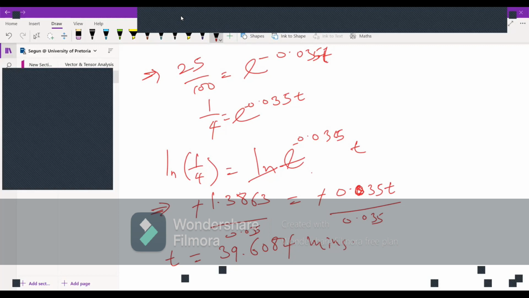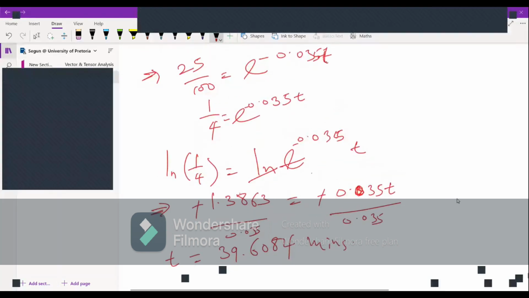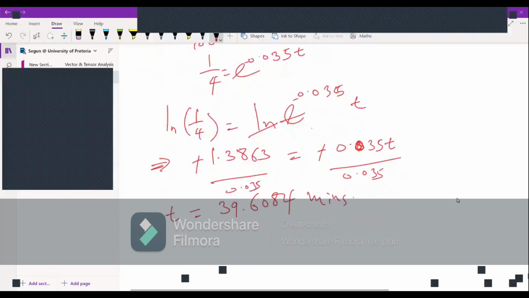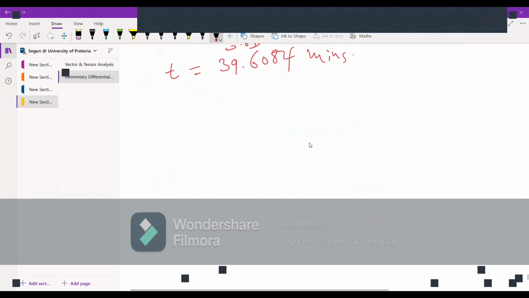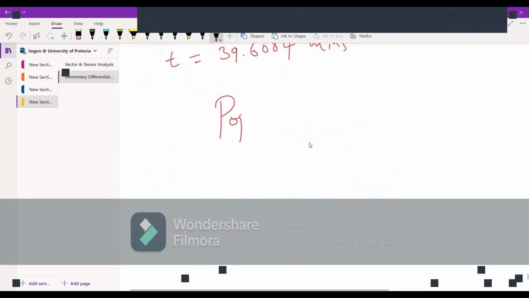How do we use a differential equation in population? For the population model, I will not go into detail. I will just show how we formulate it. You can read your books for the detail in there, but let's look at this population model.